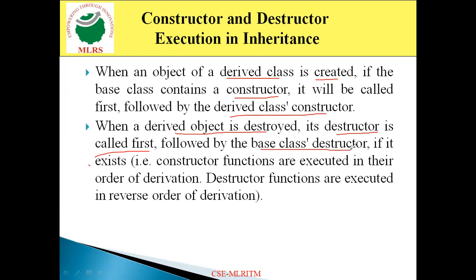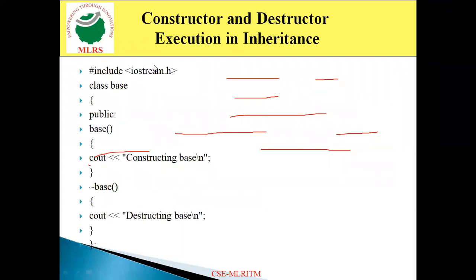See, this is the reverse. First the base class constructor executes, then the derived class constructor executes. Related to the destructors, first the destructor of the derived class executes, then the destructor of the base class. This is the order of execution of constructors and destructors in inheritance.